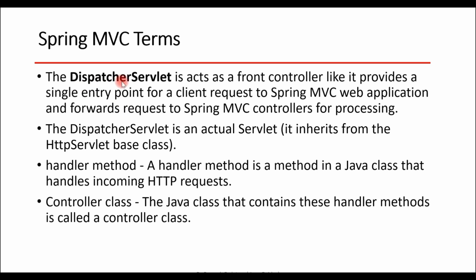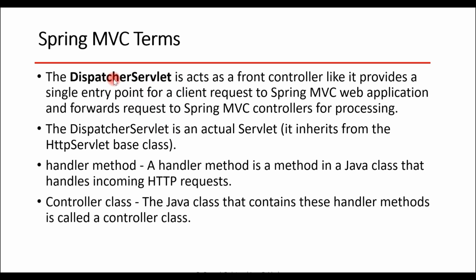Typically we configure dispatcher servlet in web.xml, like we configure servlets in web.xml, right? Similarly, we configure dispatcher servlet in web.xml, which is called the deployment descriptor. Spring MVC provides different ways to configure dispatcher servlet. We can configure it either in web.xml, or we can use a Java based configuration to register a dispatcher servlet using Java code.